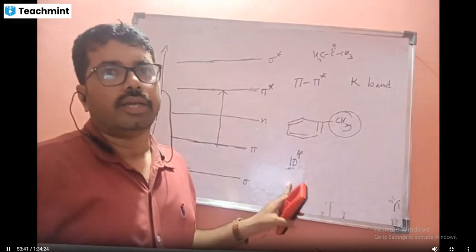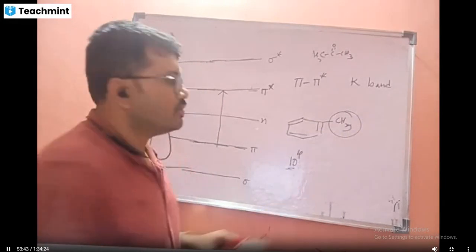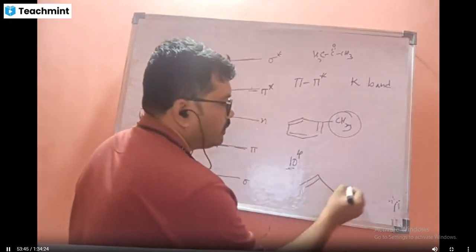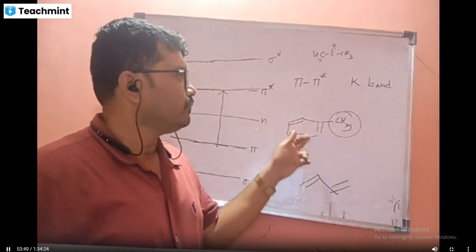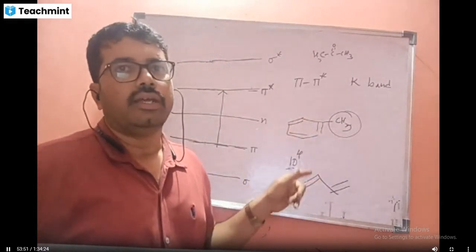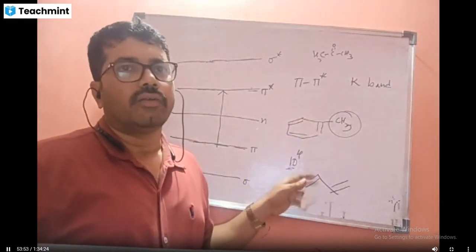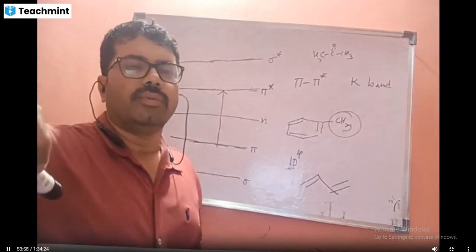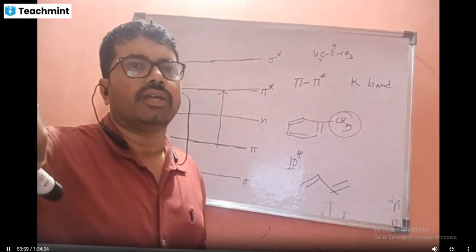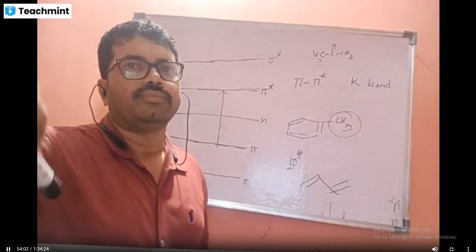The K band absorption due to conjugated enes and enones is affected differently by changing the polarity of the solvent. Sometimes it changes with polarity of the solvent.